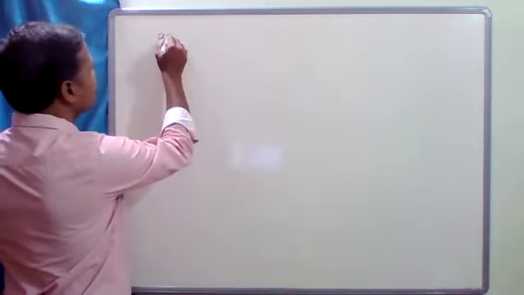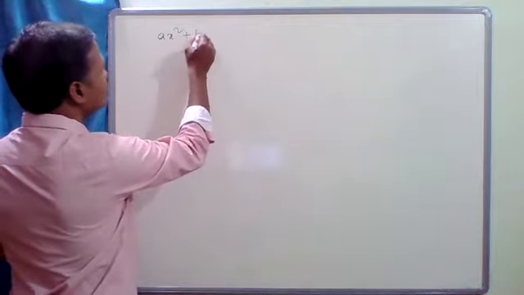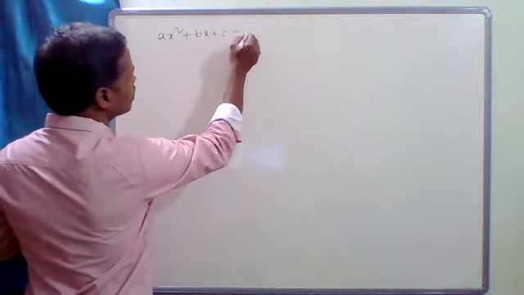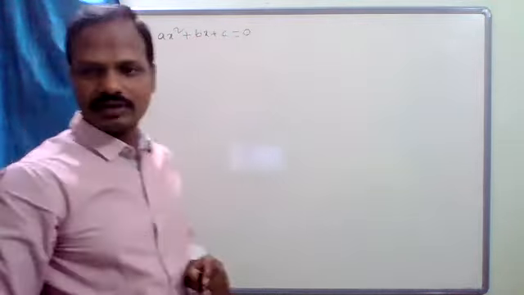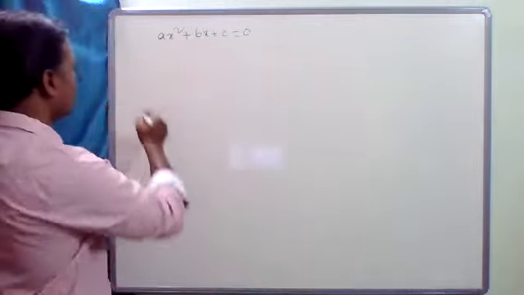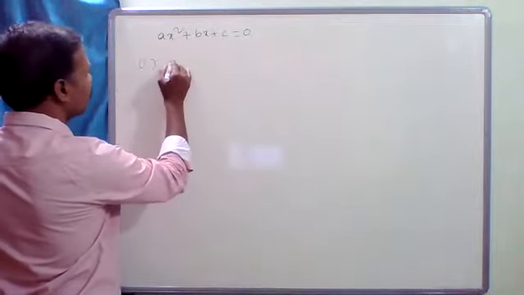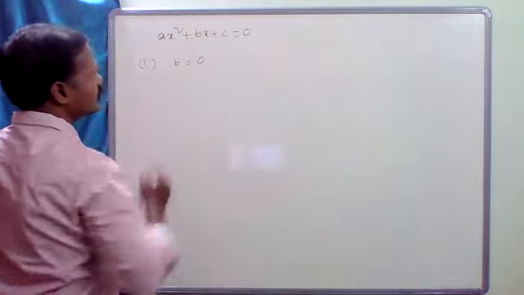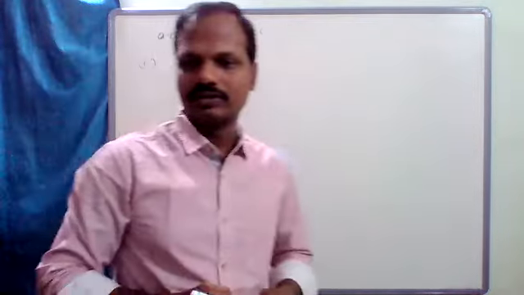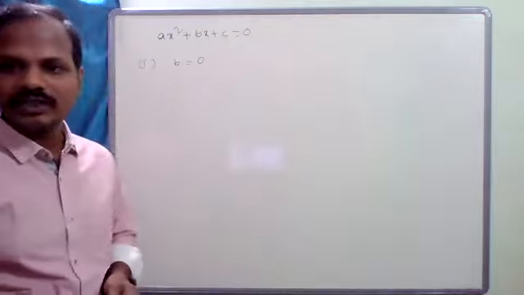Suppose the quadratic equation ax² plus bx plus c equal 0. Okay, so this is the quadratic equation. Now, if b equal to 0, what can you say about the roots?